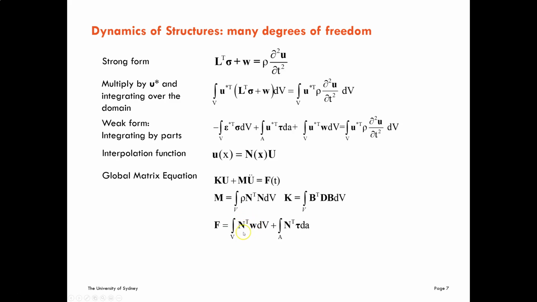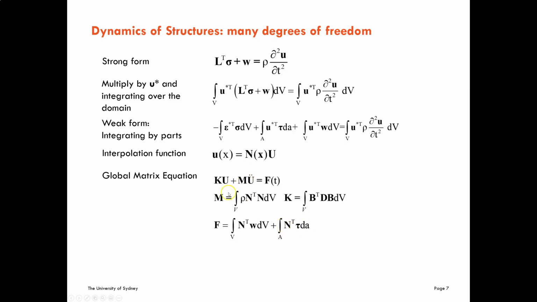This is the external body force. Here I have another external force that can be tractions, a force acting on the boundary of the domain, like the wind acting on the boundary. So these two terms are the sum of the body forces and the boundary forces.